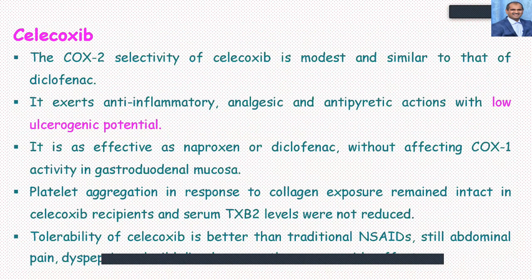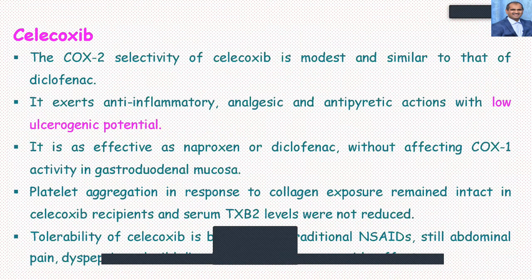And one of the classical agents of this category is celecoxib. The COX-2 selectivity of celecoxib is modest and similar to that of the other drugs. It exerts anti-inflammatory, analgesic, antipyretic actions with very low anti-ulcerogenic potential. It is as effective as naproxen and diclofenac without affecting COX-1 in the gastroduodenal mucosa.